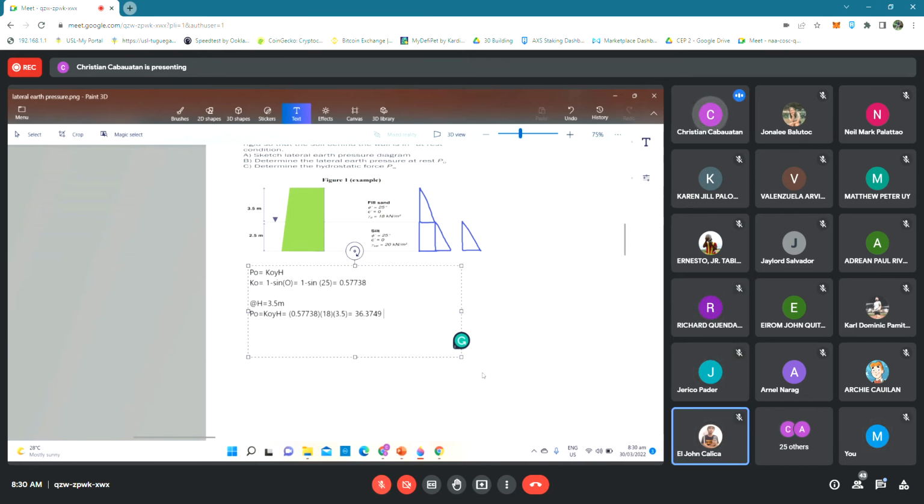Okay. And what is the unit for it? Your gamma is kilonewton per cubic meter and times the height, which is meter. Therefore, the unit is kilonewton per meter squared. What is kilonewton per meter squared?